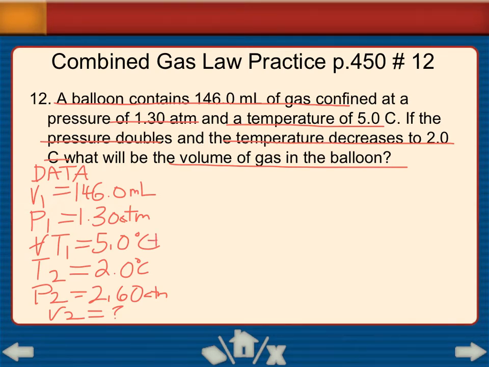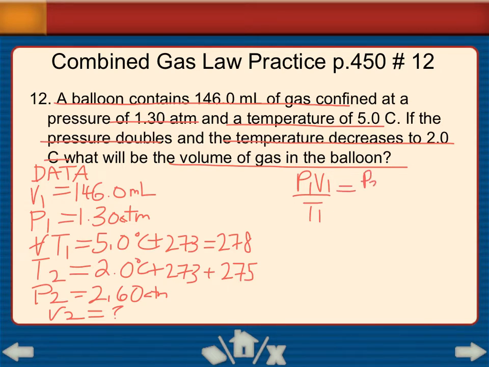So we write out the combined gas law. I'm just going back and converting the temperatures into Kelvin. Forgot to do that in the beginning. We write out the combined gas law: P1 V1 over T1 equals P2 V2 over T2, and we will solve for V2.